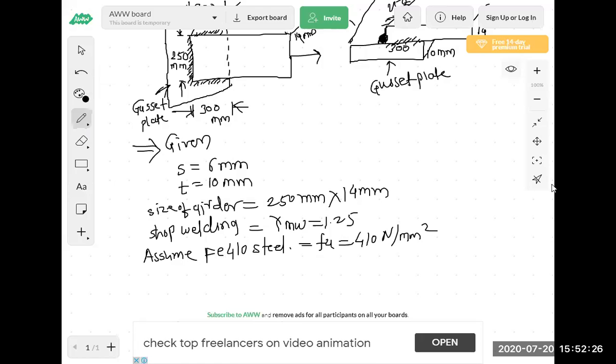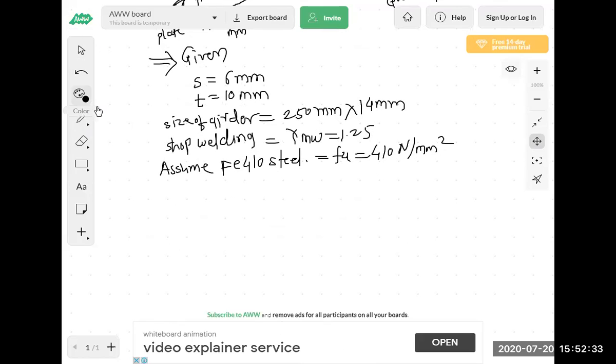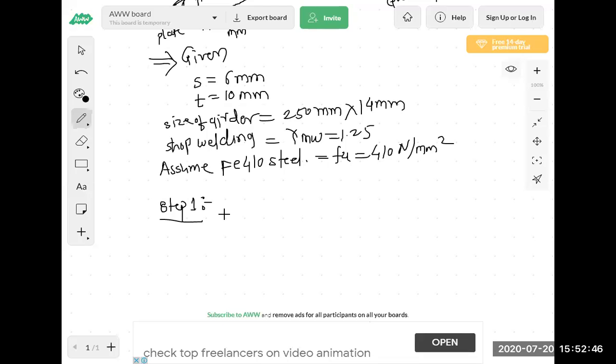Okay. Now we will follow the procedure. So step number 1. You can go back, in the last lecture we have seen the procedure. So what is step number 1?